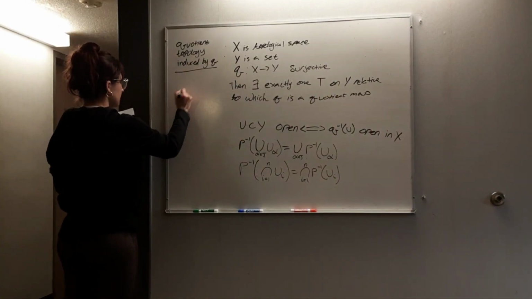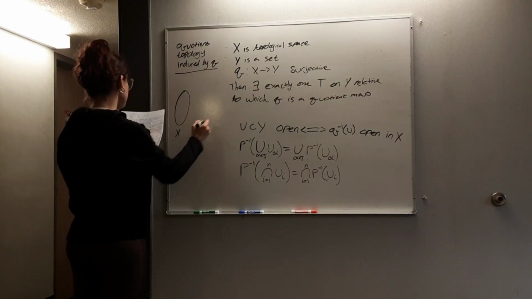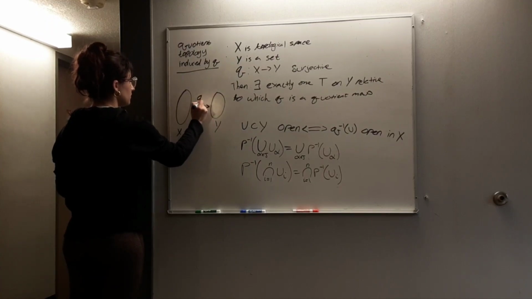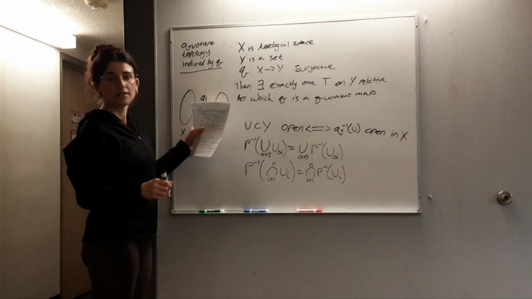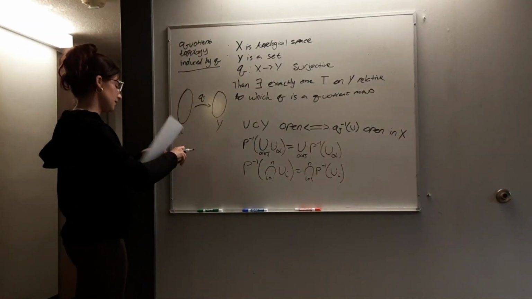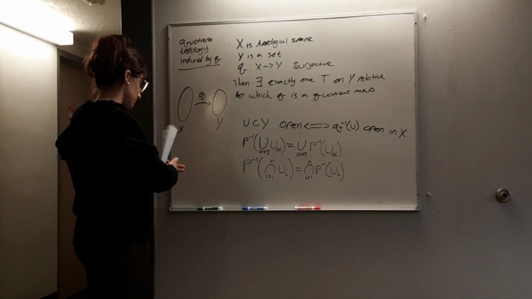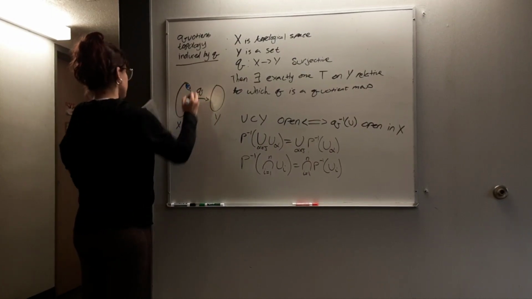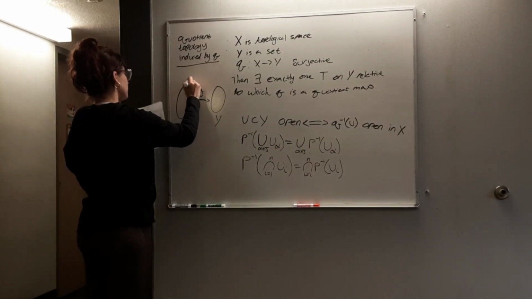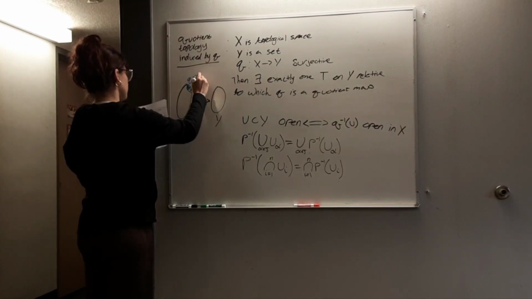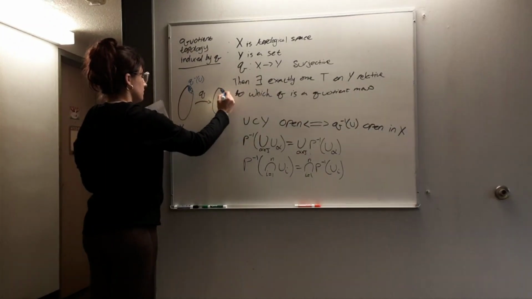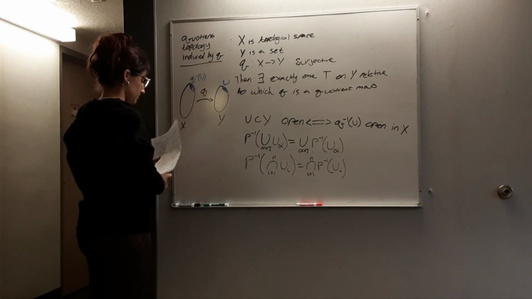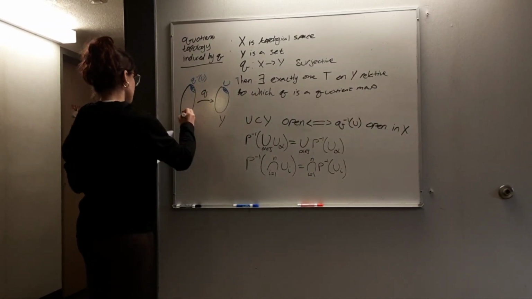So let's take this to be X and this to be Y. And then Q is our surjective function going from X to Y. So we'll take something in X, and we'll call this Q inverse of U. And then in Y, that'll be U. And then take another one.